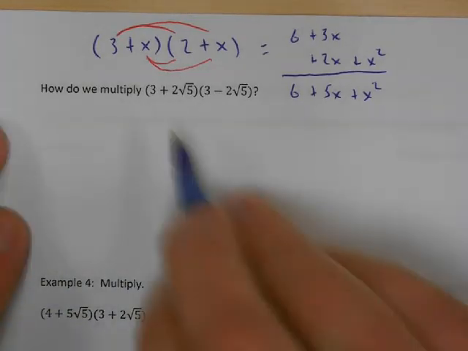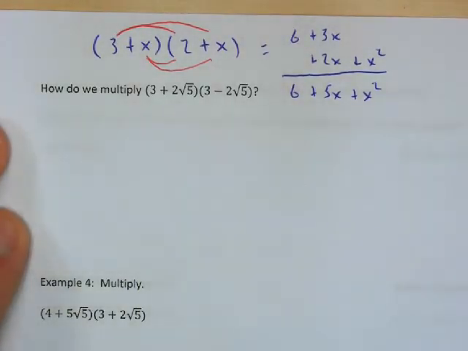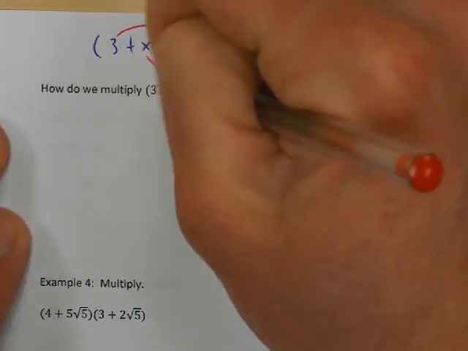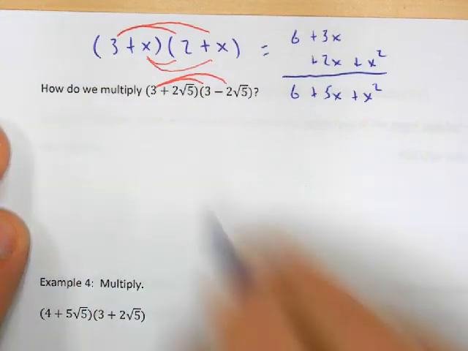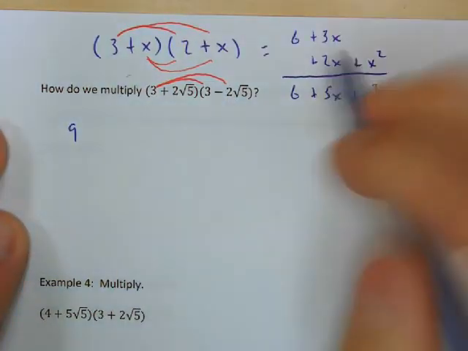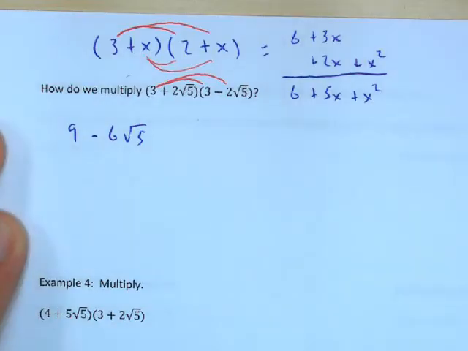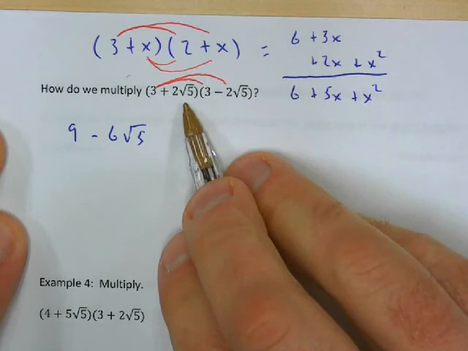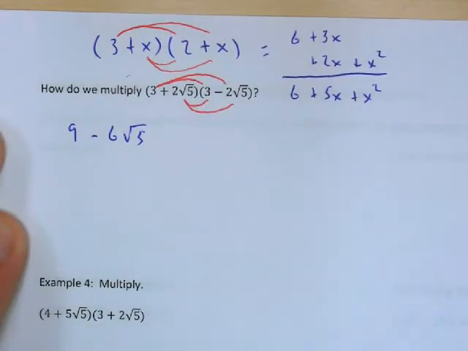So if I'm trying to multiply out 3 plus 2 root 5 times 3 minus 2 root 5, well, first I want to distribute the 3 here and there. So 3 times 3, we get 9. 3 times negative 2 root 5, we get minus 6 root 5. And then next distribute the 2 root 5 here and here.